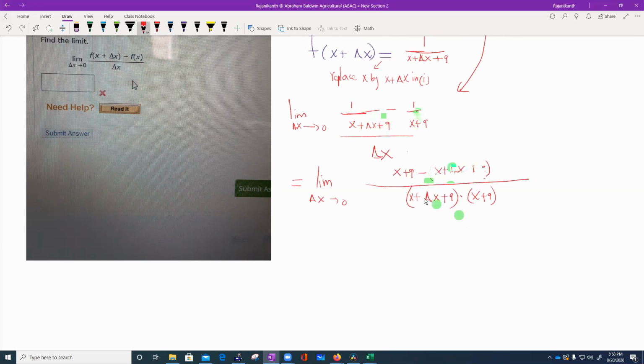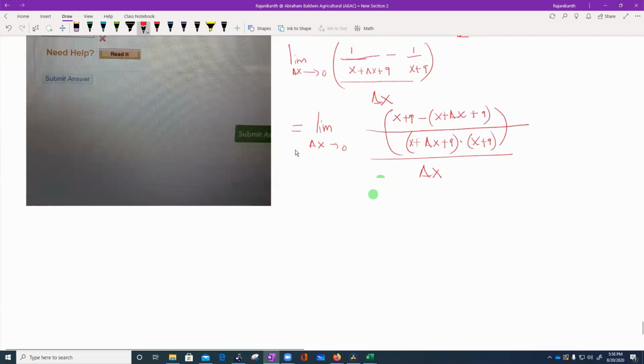This is all only for the numerator, right? But I have already delta x in the denominator. So you need to simplify further. So this will be limit delta x goes to 0. Let us simplify here in the numerator.